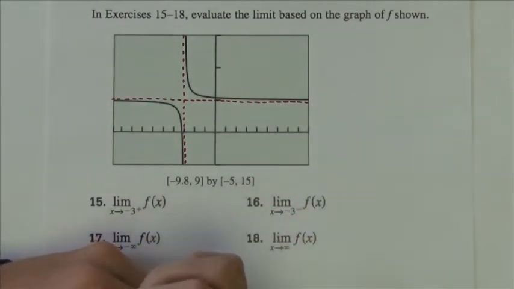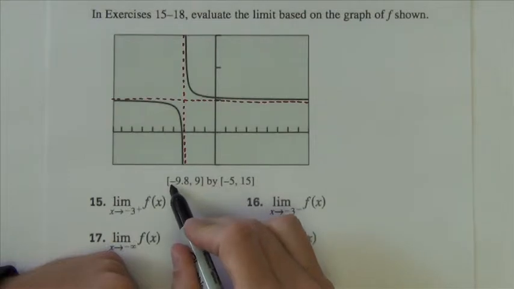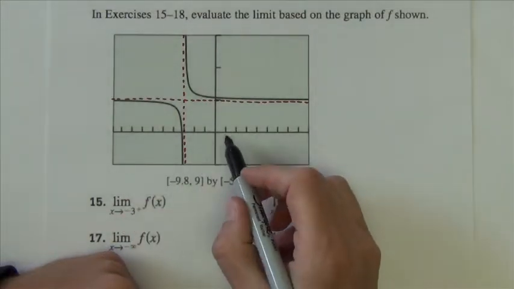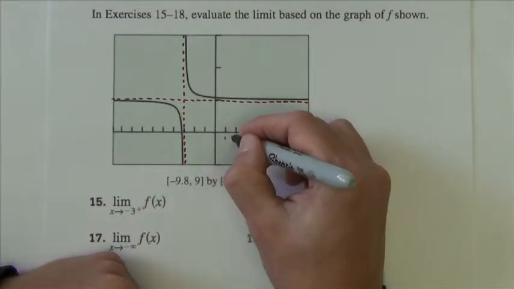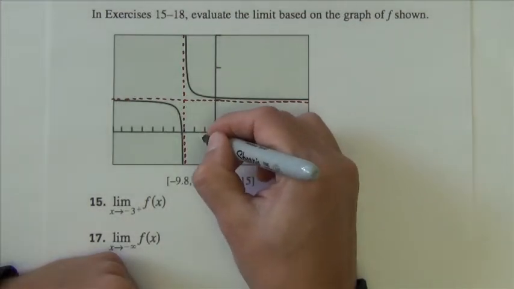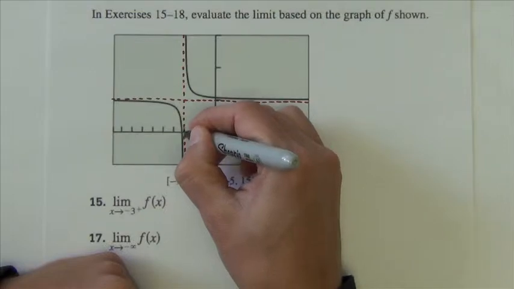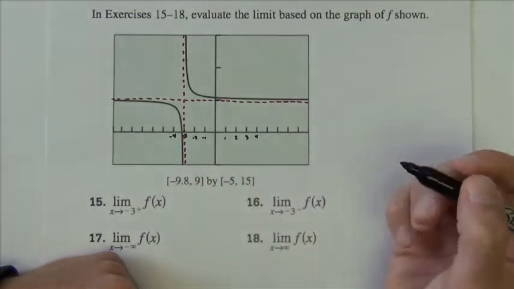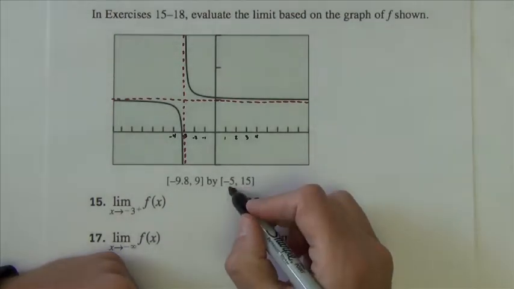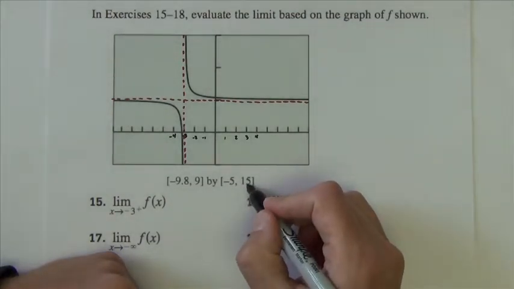Now let's also notice real quick the scale on the graph. Negative 9 to 9, that's the x, so that'd be like 1, 2, 3, 4, 5, 6, 7, 8, 9. That works out perfectly. So these are all counting by ones, etc. And then on the y's, notice it says negative 5 to 15.